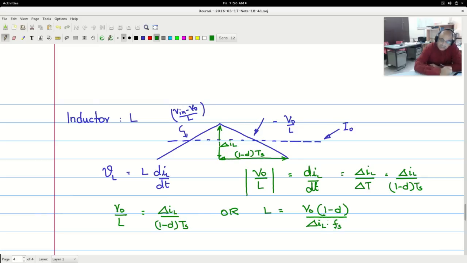I will replace Ts by Fs because Fs is another design spec which is normally given. D is the duty cycle.